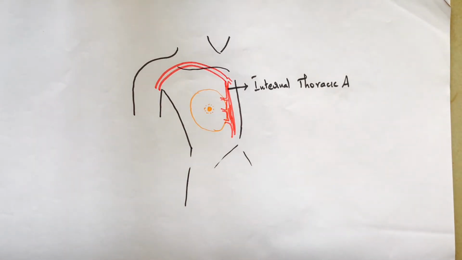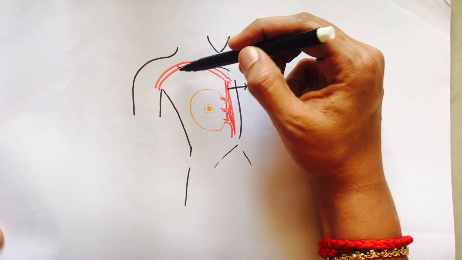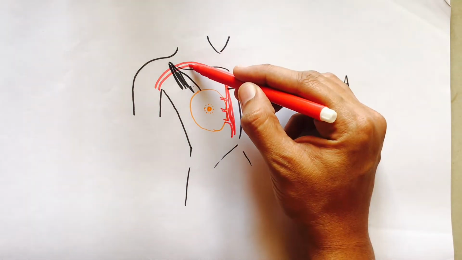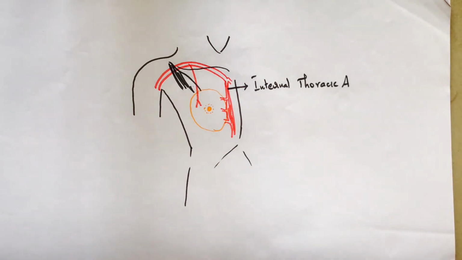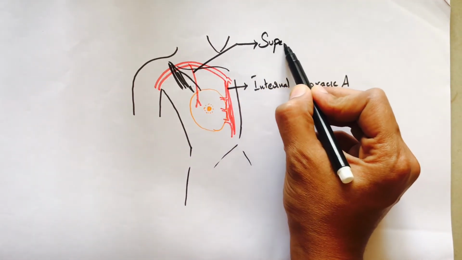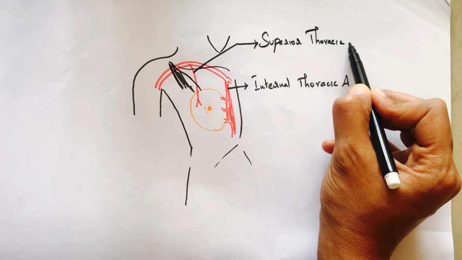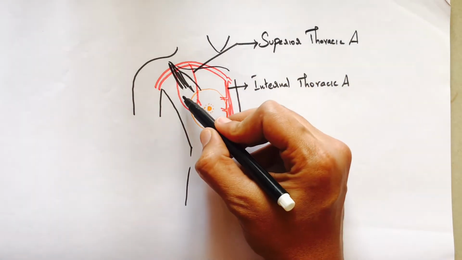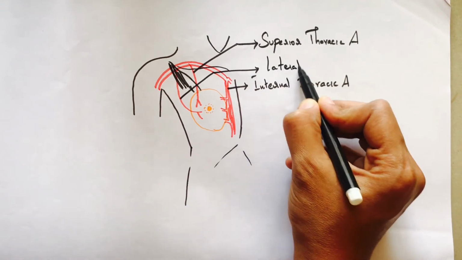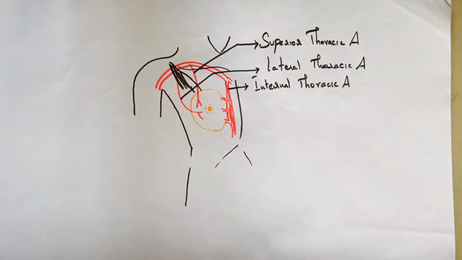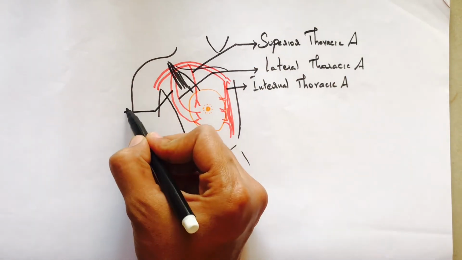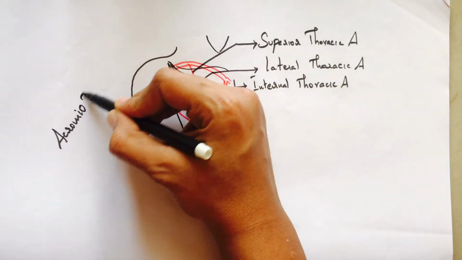And the axillary artery, we already know it is divided into three parts by pectoralis minor. From the first part we have the superior thoracic artery, and from the second part the gland is supplied by the lateral thoracic artery, and this second part has one more branch called thoracoacromial artery.